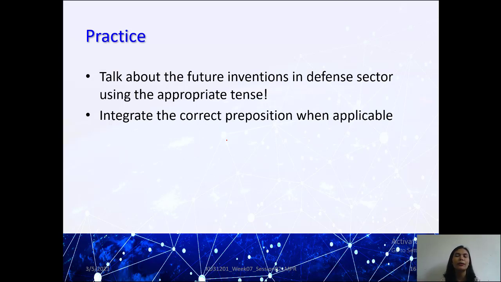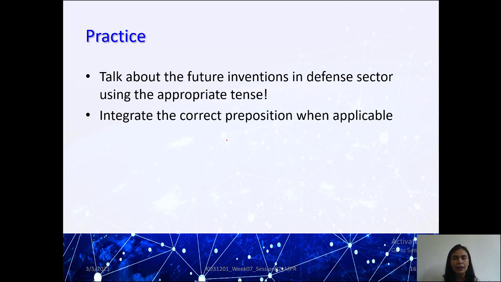Because you're talking about future invention, you're going to use future tense, okay? You don't have to create something new, but maybe imagine something that is not available right now, and that you think is quite important to happen in the future, then talk about it.